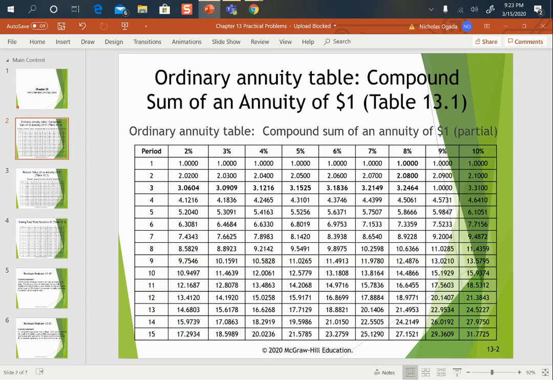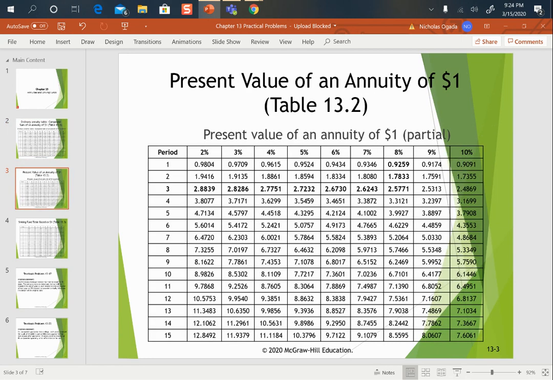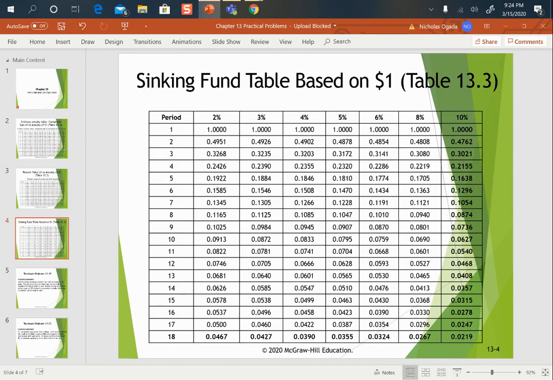Again, if you remember, we did look at different types of tables. But in this chapter, our focus is on an annuity table, I would call the ordinary annuity table, and also to look at the present value of an annuity. And then, of course, is also to look at the sinking fund table.